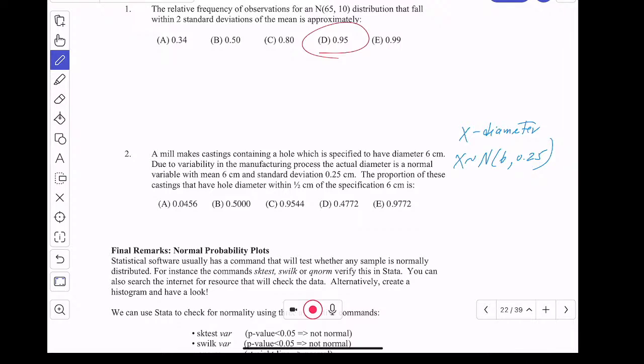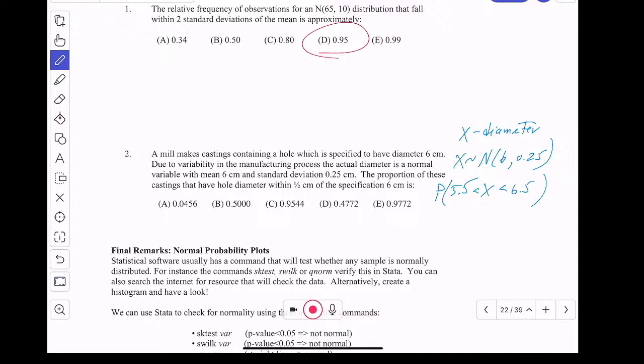So this is saying find the proportion of x in between... let's do this like this. So within 0.5 would be 5.5 to 6.5.